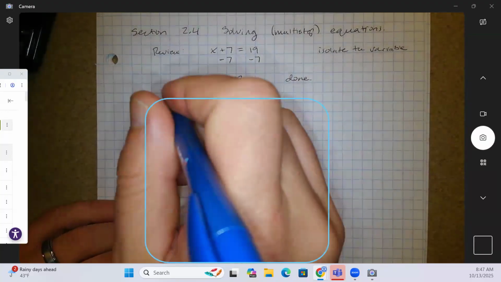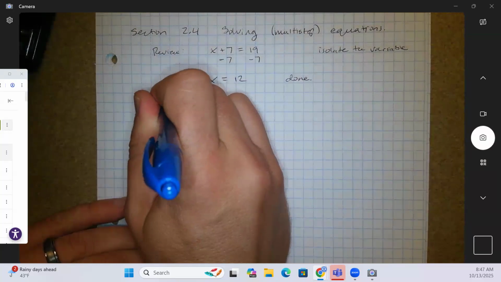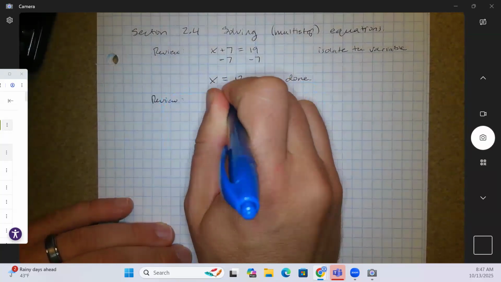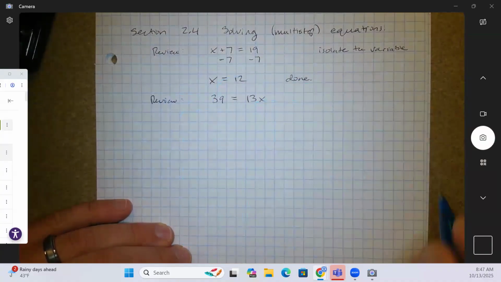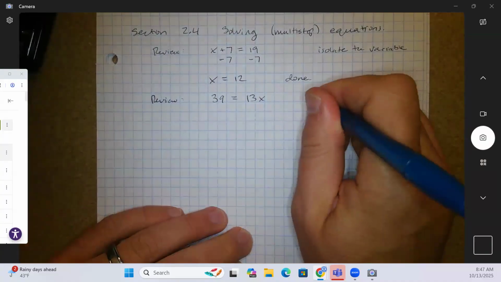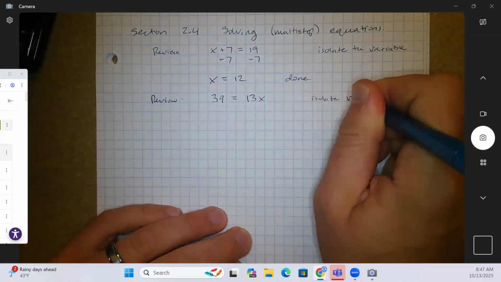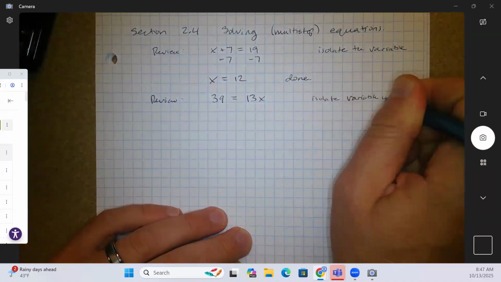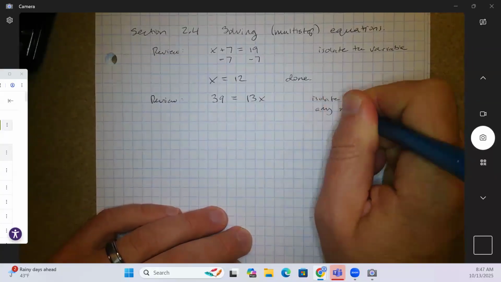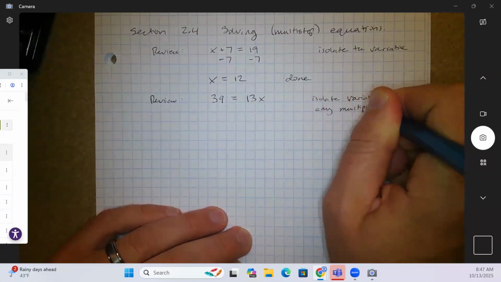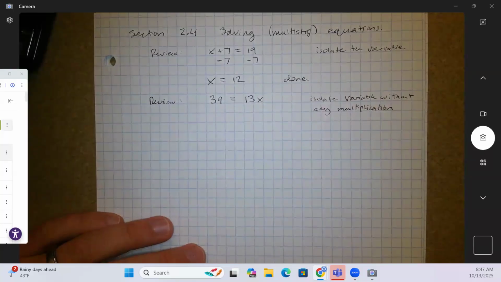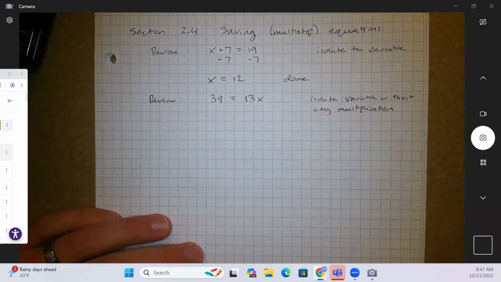And we've done other examples like 39 equals 13x. And again, I want to isolate the variable without any multiplication. If we want to undo multiplication, what operation do we use?